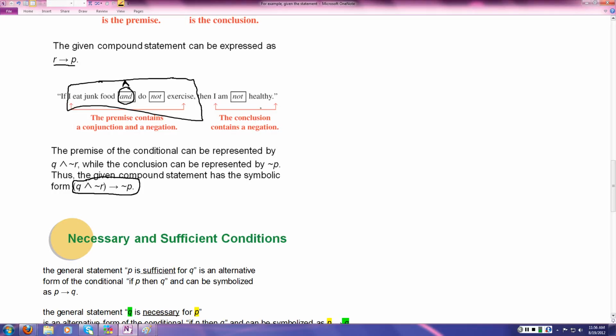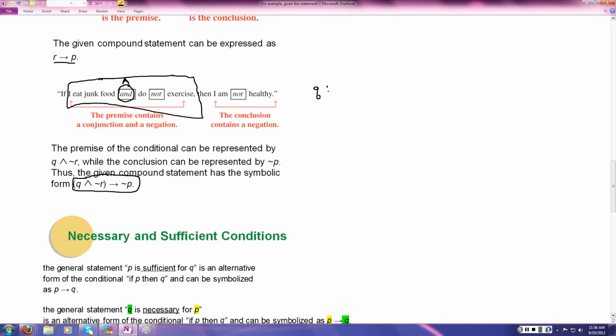Generally, on WebAssign, they'll always state the positive. So here, Q is going to represent someone that eats junk food.